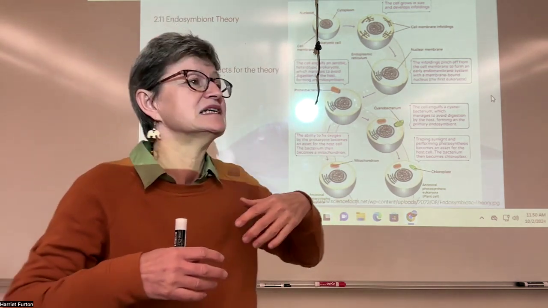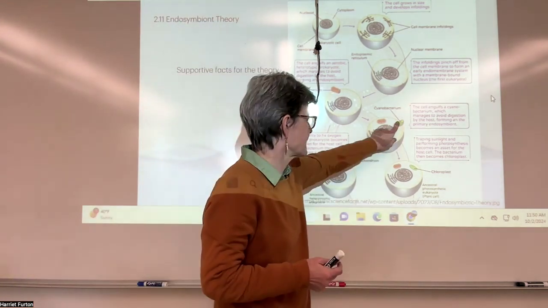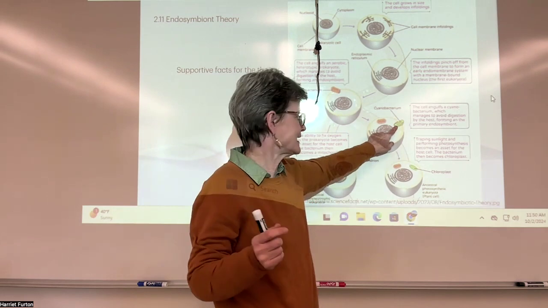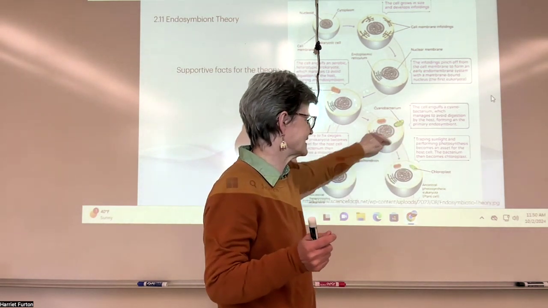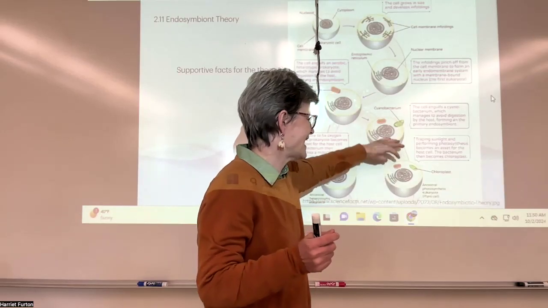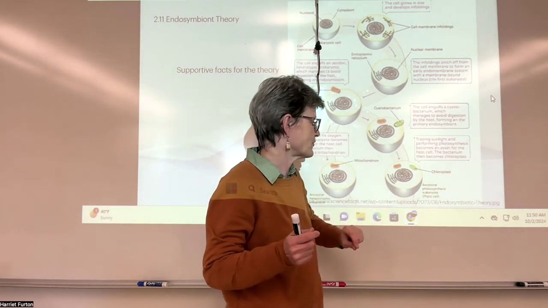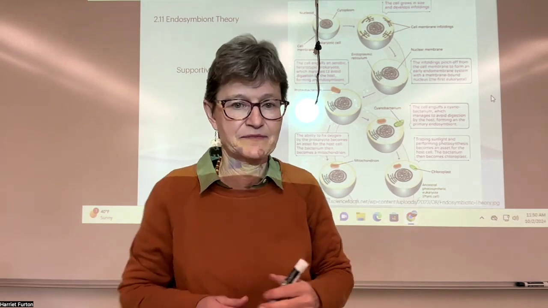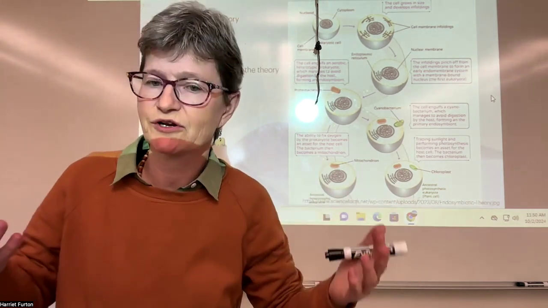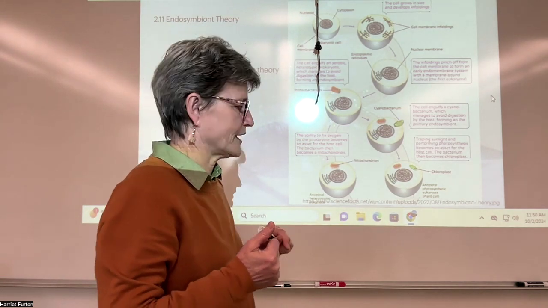So it can make its own food, so it's an autotroph organism. The bacteria did not get eaten, so they live happily inside the eukaryotic cells, and this would give rise to photosynthetic eukaryotic organisms, like plants or green algae. Now, this is the story.